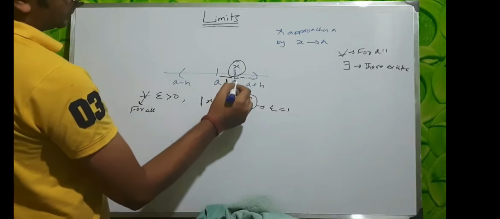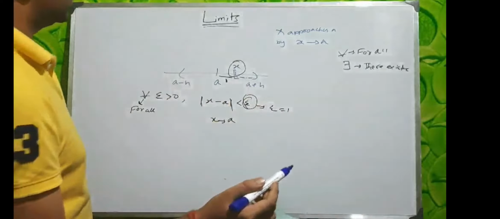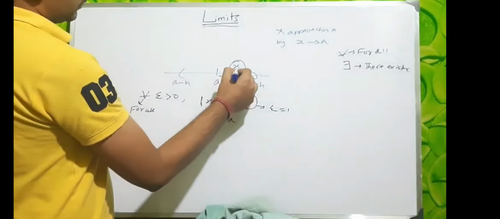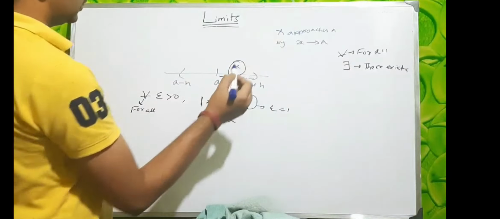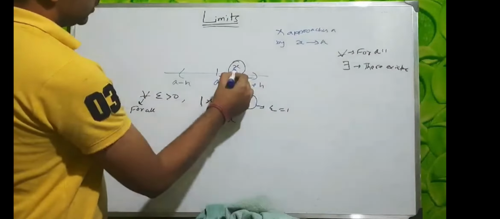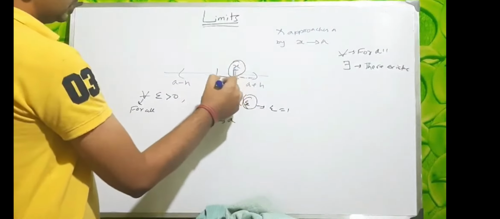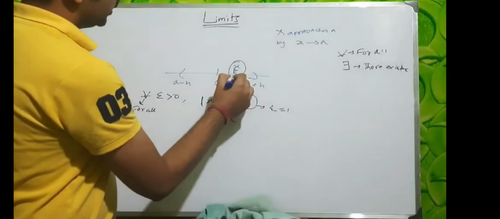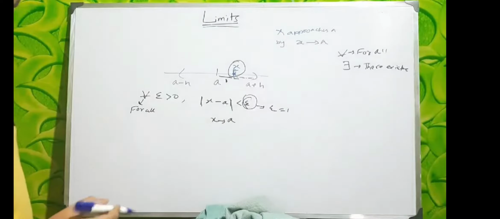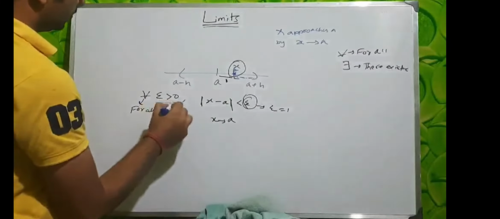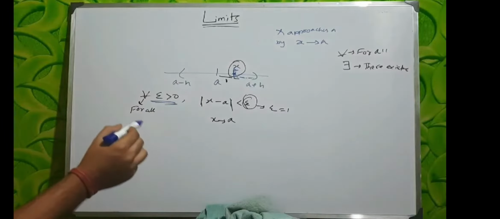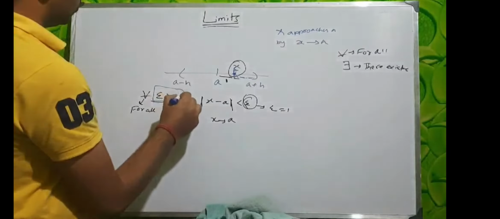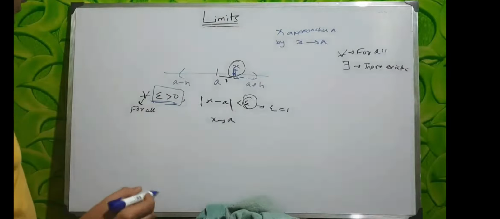When I say x approaches a, you say okay, epsilon equals 1. Very well, it will check that my x is always approaching a, because you put epsilon equals 1 and my x is here, so there is no problem in that. But not only 1, this epsilon should work for all values greater than 0.